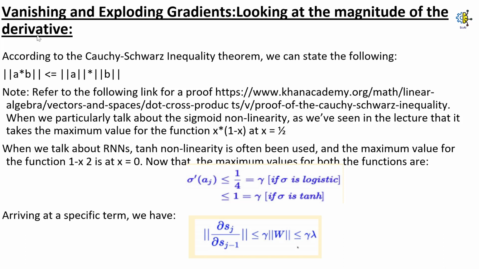When we talk about RNNs, tanh nonlinearity is often used, and the maximum value for the function 1 minus x square is at x is equal to 0. Now the function values for both the functions are as you can see on the screen, arriving at a specific term.